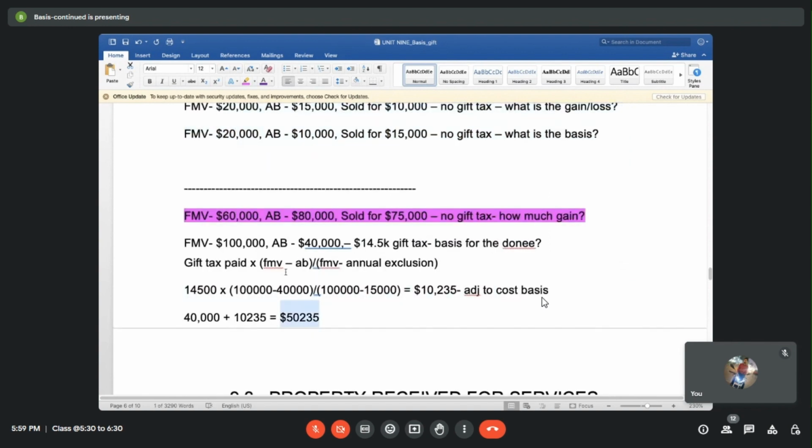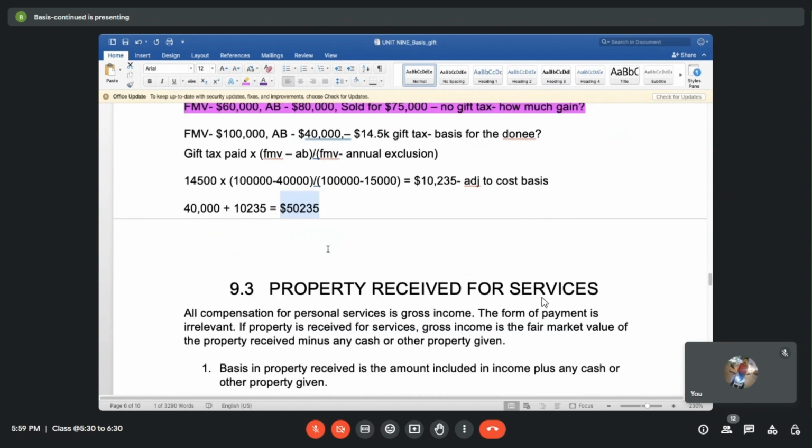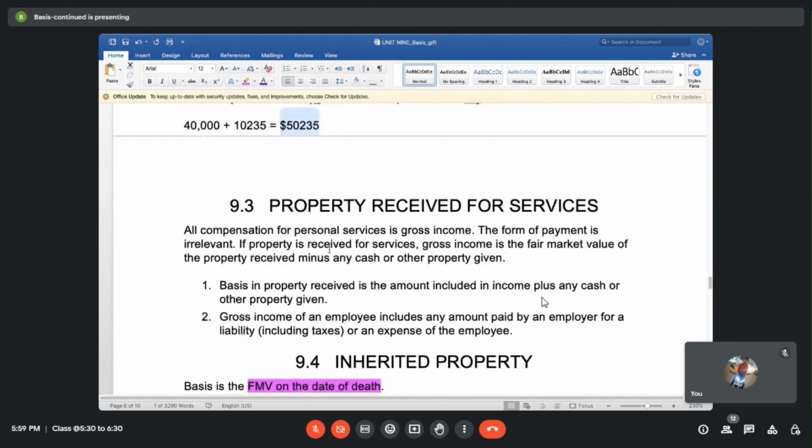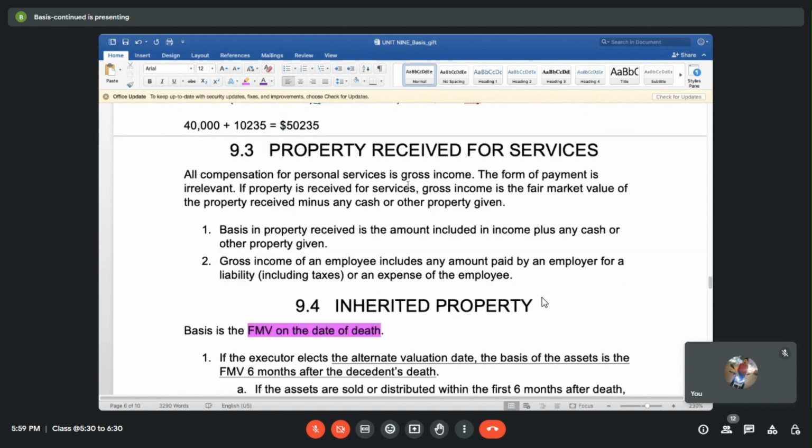Let's go to the next topic, which is property received for services. We have read about it earlier also. If there is any property received for services, that is a form of ordinary income, gross income, and it gets taxed. We have to see the fair market value of that property versus what the person has paid.